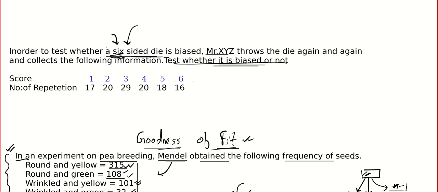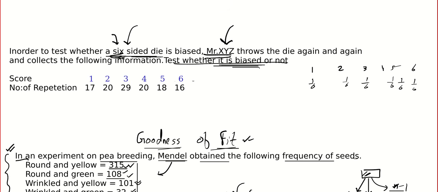Now think about it. If a die is not biased, the probability of getting 1, 2, 3, 4, 5 and 6 will be 1 by 6 each. That is what you believe. Now Mr. XYZ is very suspicious about the scenario. So he did that experiment and now he's asking whether the die is biased or not.